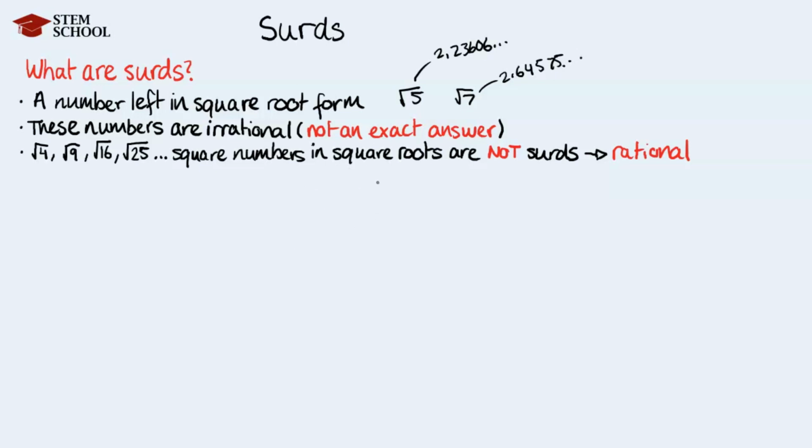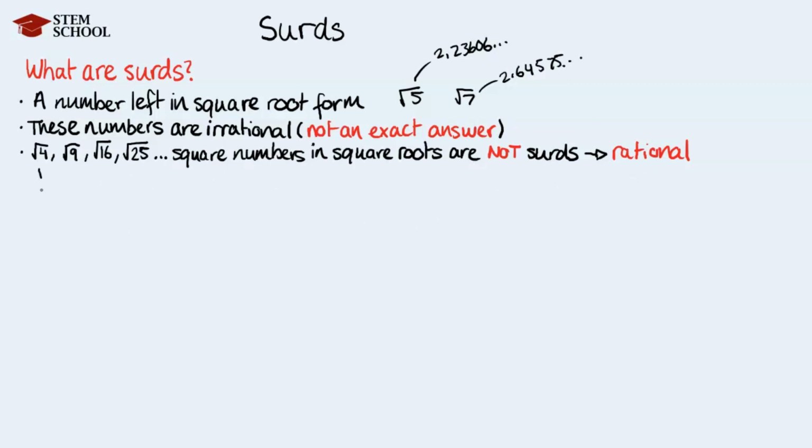Now, it must be said that not all numbers that are left in square root form are surds, okay? So these numbers here, we've got root 4, root 9, root 25, and root 16. These are square numbers you should recognise, and they are not surds because we can simplify them down to a rational number, an exact answer.